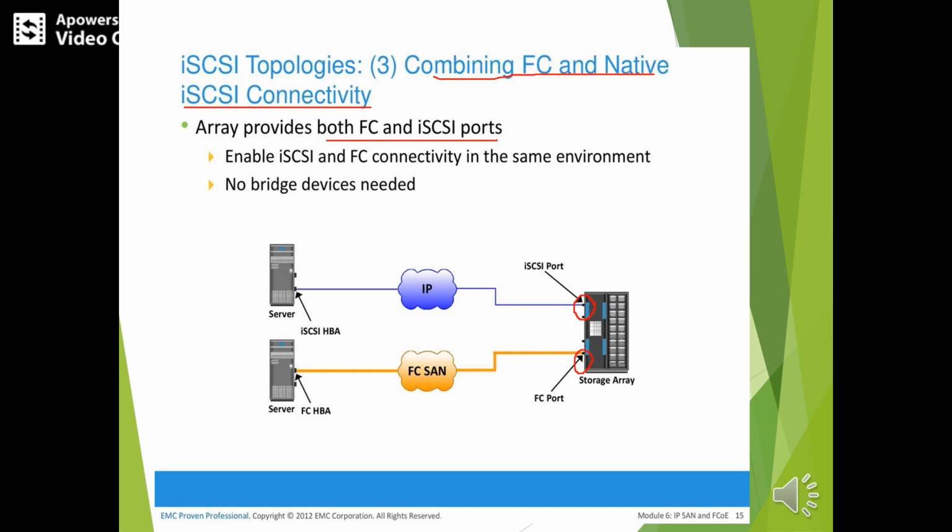So the array contains both ports, iSCSI ports and FC ports, which enables iSCSI and FC connectivity in the same environment. No bridge device is needed because here we have the iSCSI port and here we have the FC port. So this is the combination of FC and native iSCSI connectivity.